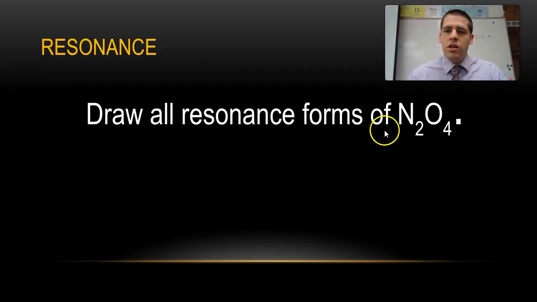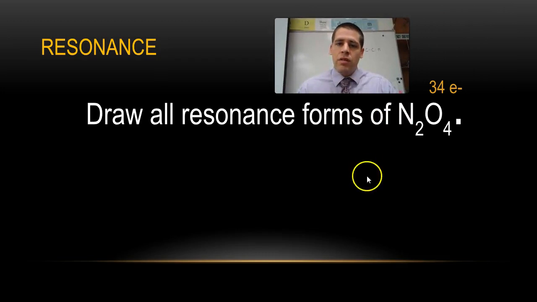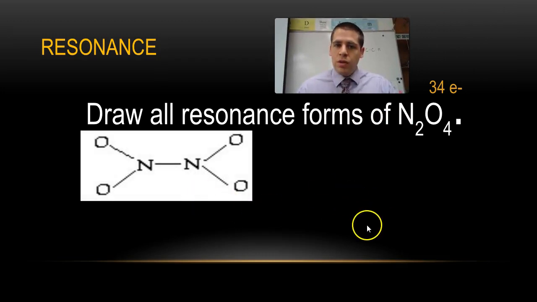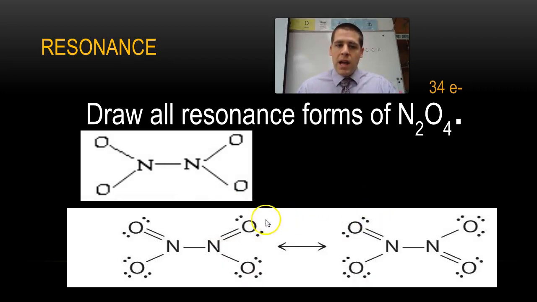All right, so pause the video and come up with as many Lewis structures as you can for N2O4. You may have gotten that there were 34 electrons, and so when you lay it out, you end up with this kind of structure. But when you put in all the electrons, you end up with some double bonds. And you may have thought that there's 4 different possibilities, but there's actually only 2, because picture this one right here.